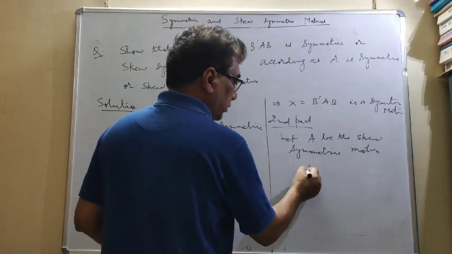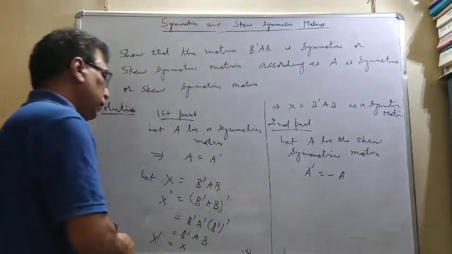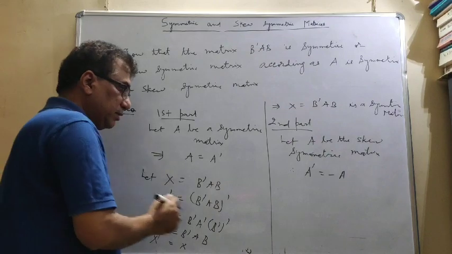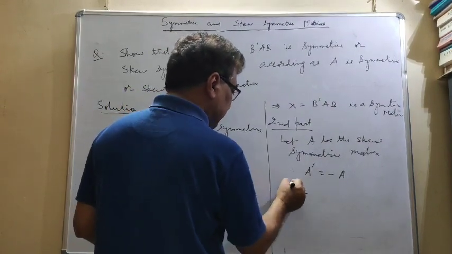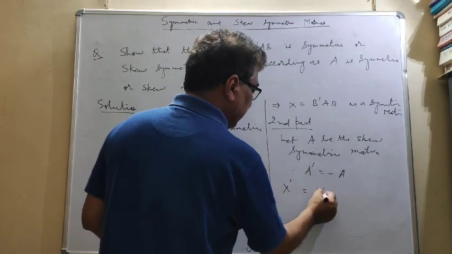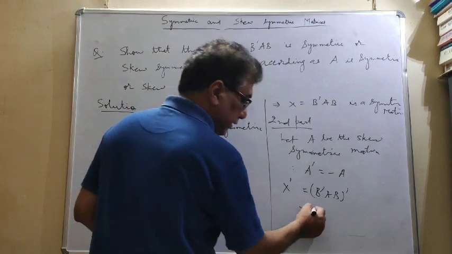And therefore, A dash will be equal to minus A. Now, we go with this matrix which is X. So X dash here again will be (B dash AB) dash, and then this will be written in reverse order.